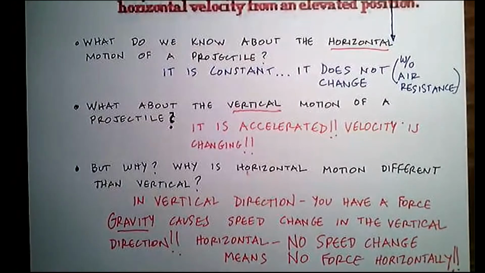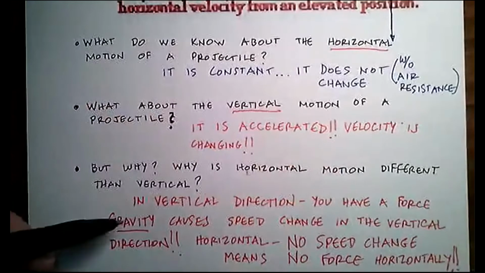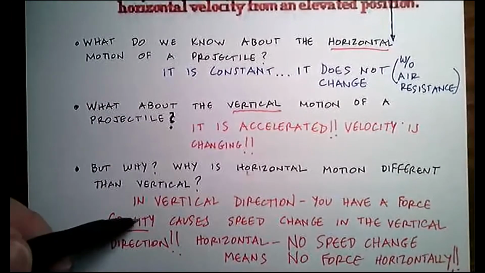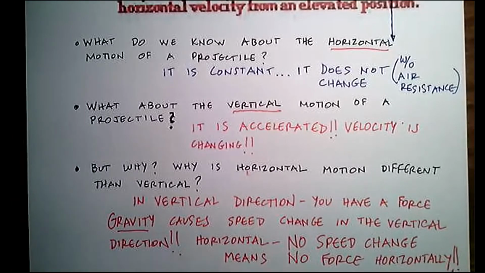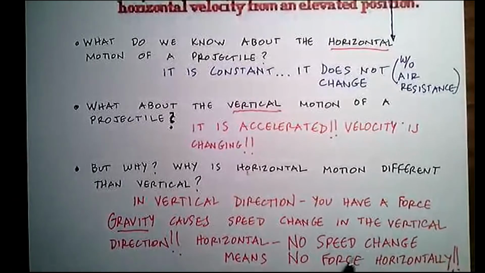All right, you guys. So basically, when it comes down to it, this is the why. In the vertical direction, there's a force acting. It's gravity. Gravity always goes downward. So this is going to cause a downward speed change in the vertical direction. The evidence here is I don't see a change in velocity horizontally, no speed change horizontally, which means there must not be a force horizontally.